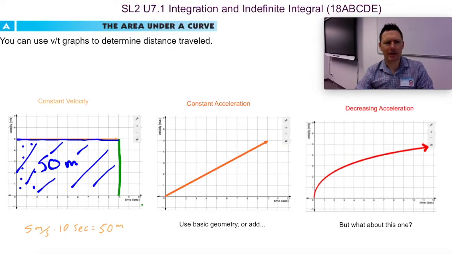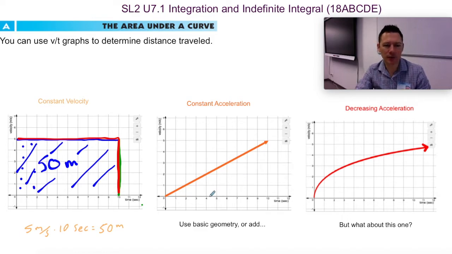So let's try this. I want to do the same sort of thing, but with this graph. Now, I could count up these half squares. This is easy: count up the squares if you want, or just go length times width.